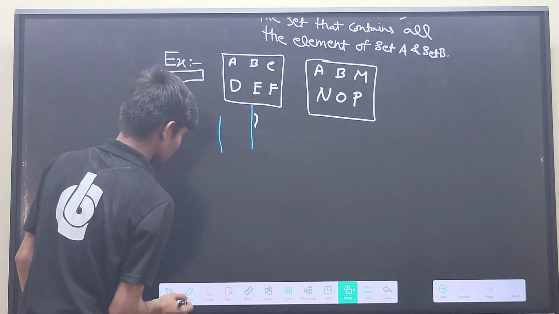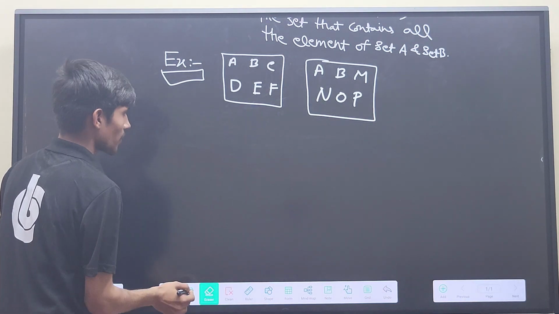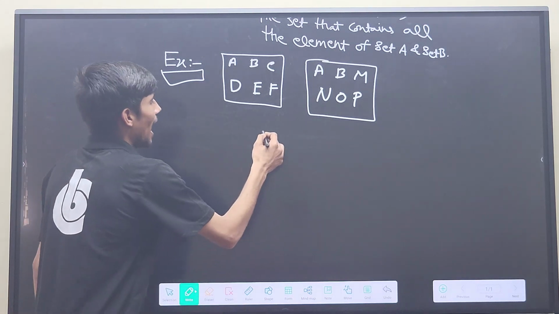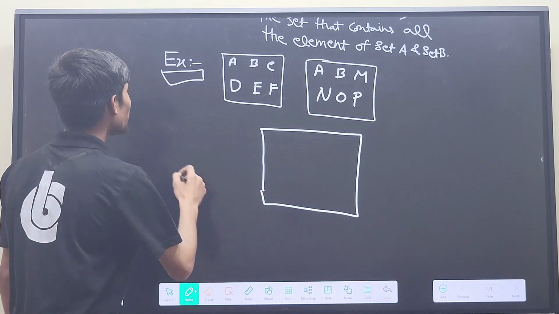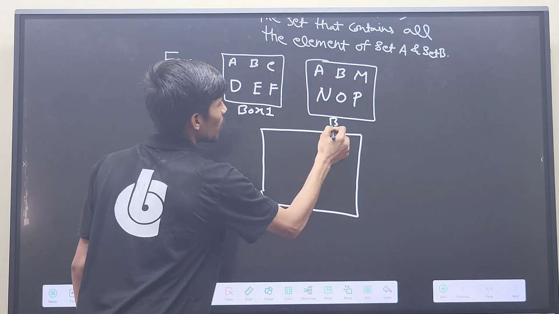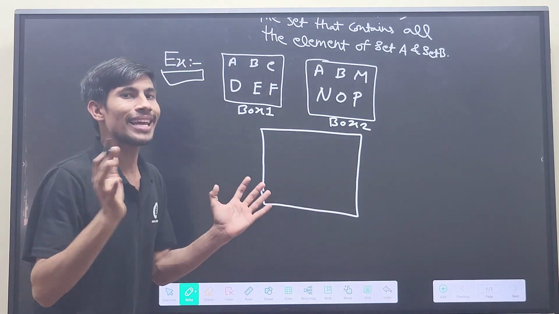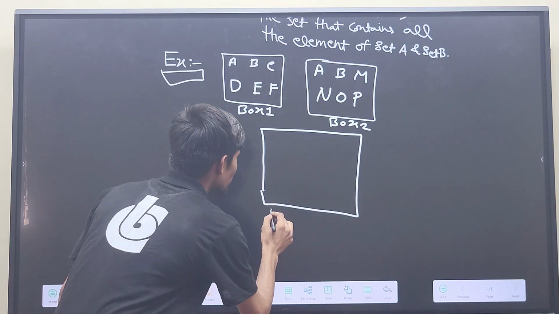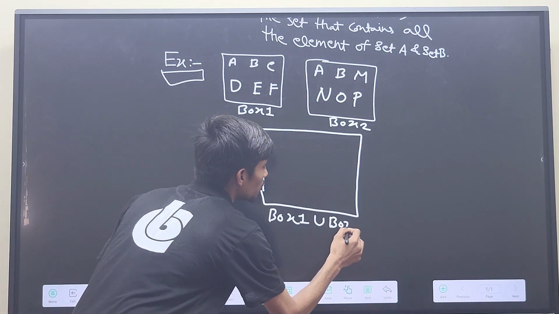Okay. So let me do how we will do this. See here. I'm going to make a single box like this. Let's say this is box 1 and this is box 2. Clear? And I'm going to make a single box which is box 1 union box 2.